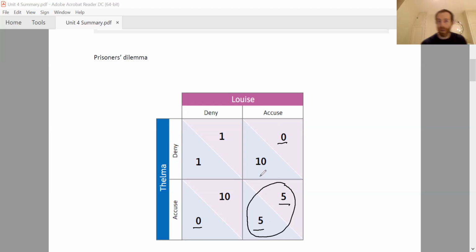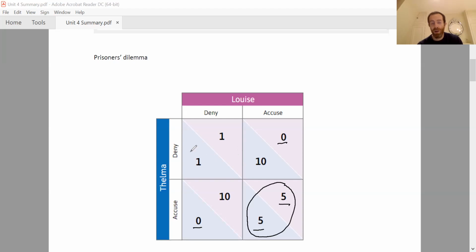Now, why this game is a little bit strange is because if the players both played deny, they'd be better off. They'd both only get 1 year in prison as opposed to the 5. And the key lesson we take away from this game is, well, why are they not doing that? It's because they're worried about the other player screwing them over.